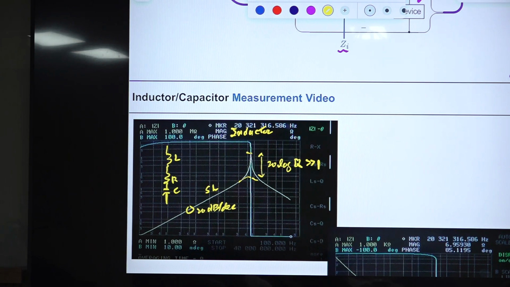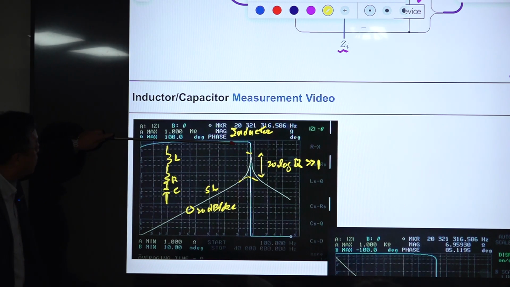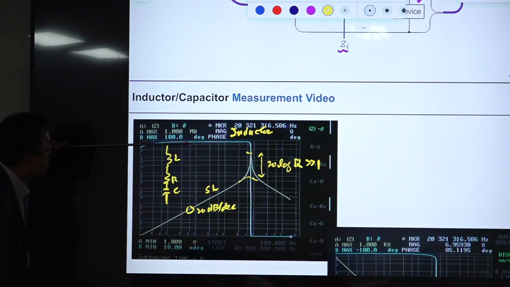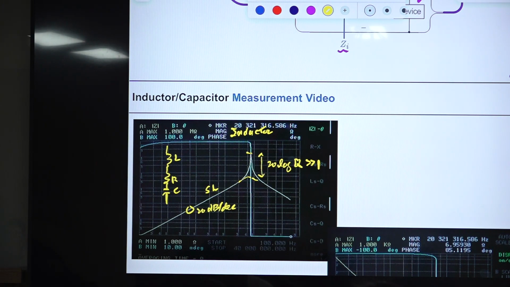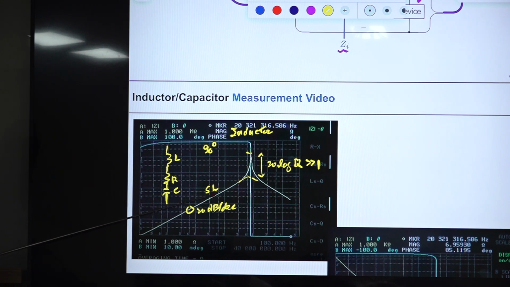Okay, this is the magnitude curve, and take a look at the phase curve, which is this. The maximum limit is 90 degrees. So this is the inductor. If this is an ideal inductor, this curve goes forever like this, and the equation of this transfer function is simply sL.